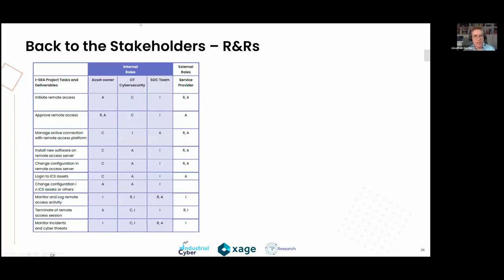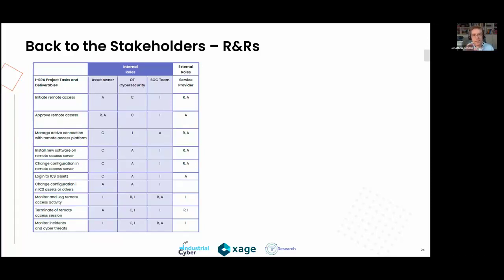Very quickly, I thought this would be a good point in the presentation and time to share a very simple RACI model. Most people are familiar with this, but the model looks at the roles and responsibilities, in this case for the project of deploying and securing remote access.